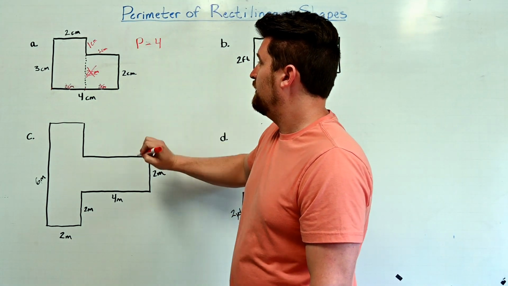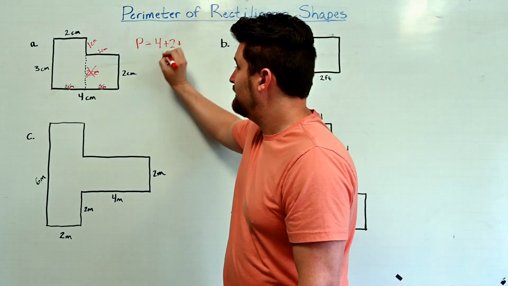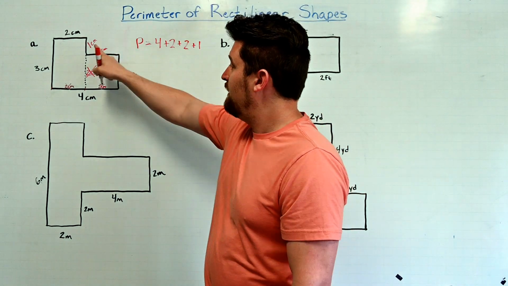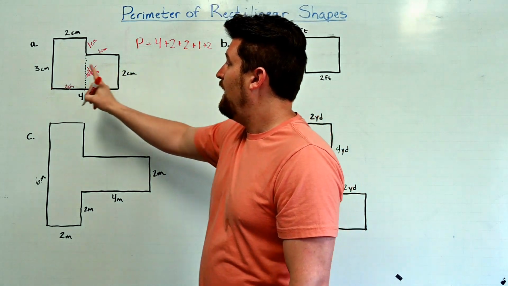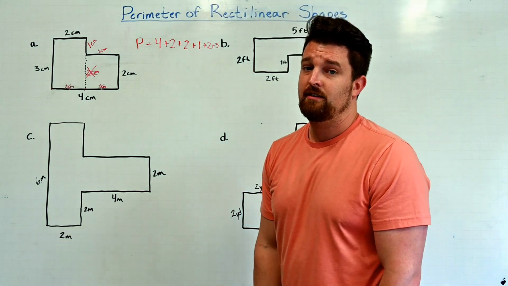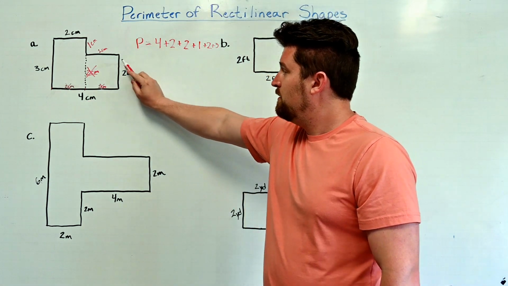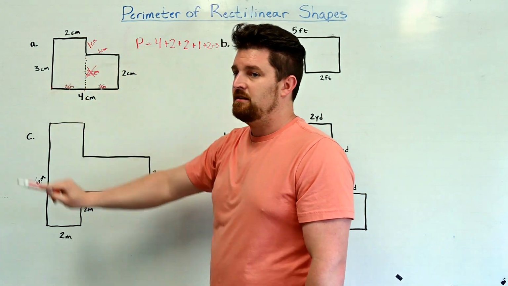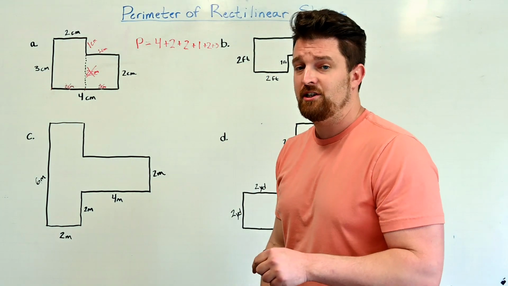I'm going to say P equals 4 plus 2 plus 2 plus 1 plus 2 plus 3. Try to squeeze it in there. Might be a little hard for you to see. But I've added this 4, this 2 that we found, this 1 that we found, this 2, and then this 3. I'm adding up all the sides around the outside of my rectilinear shape.